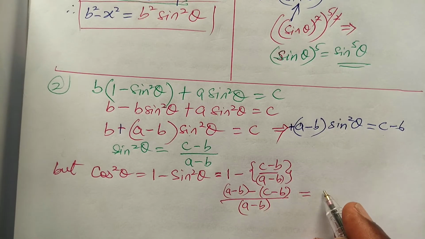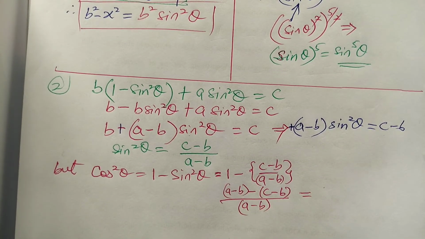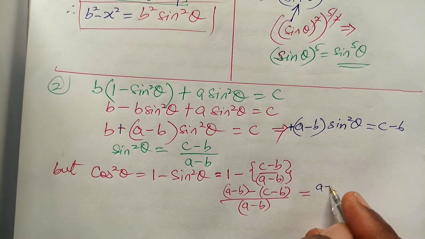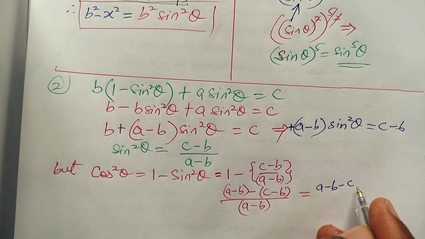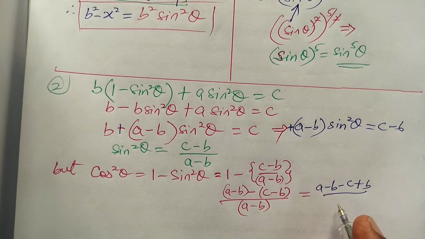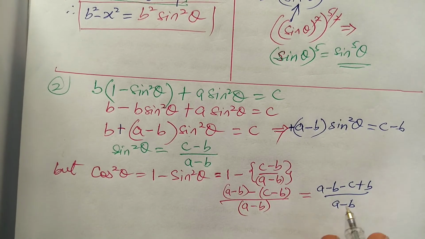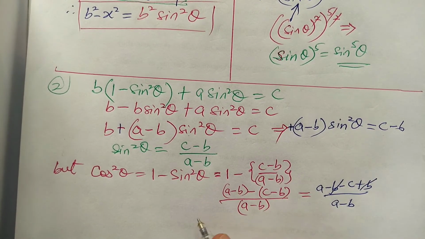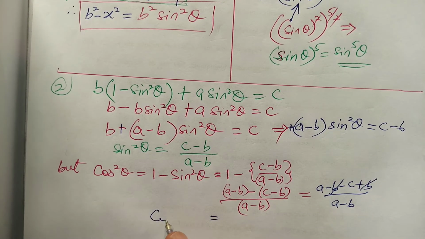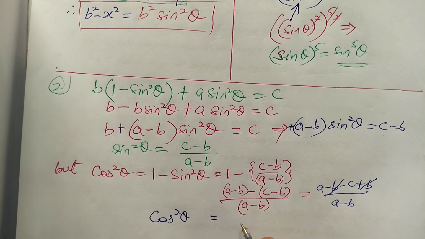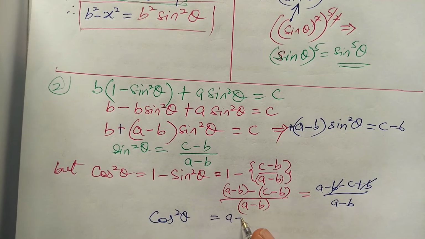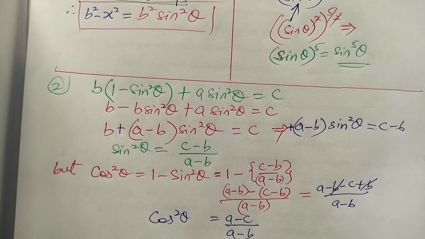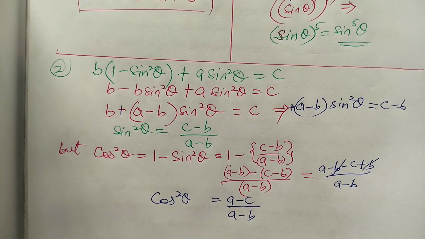If we open it up, we have a minus b minus c plus b all over a minus b. The b cancels b, therefore cos squared theta is equal to a minus c over a minus b.